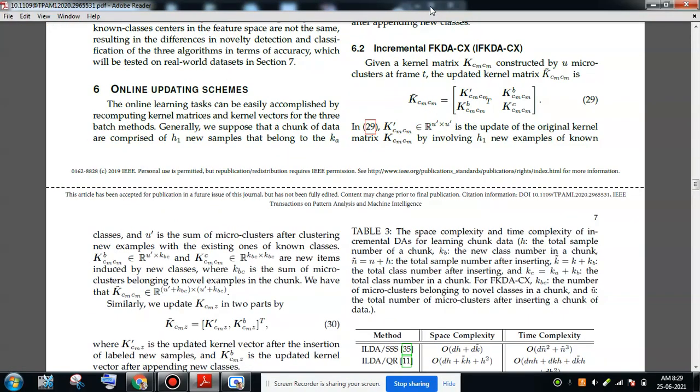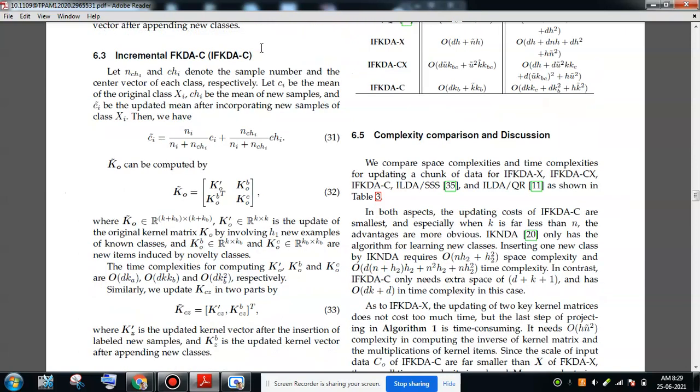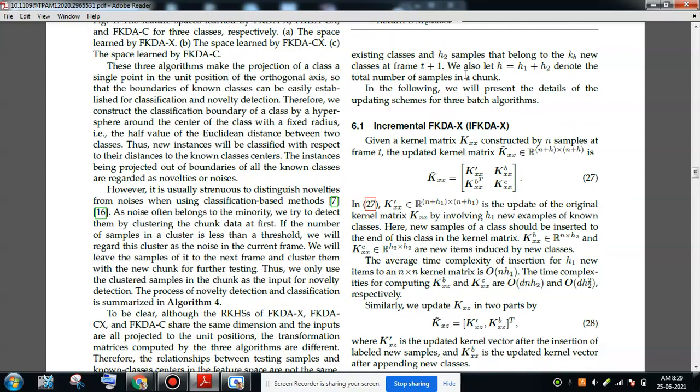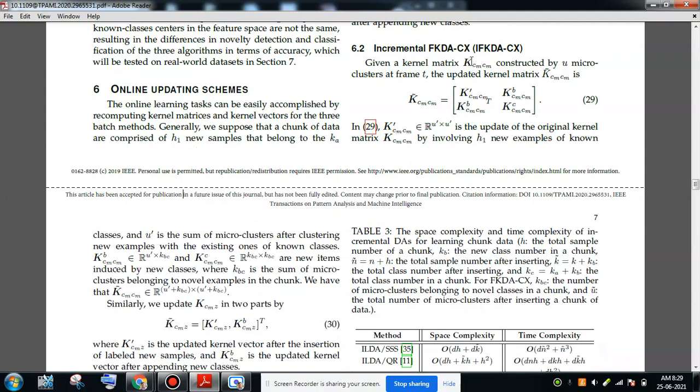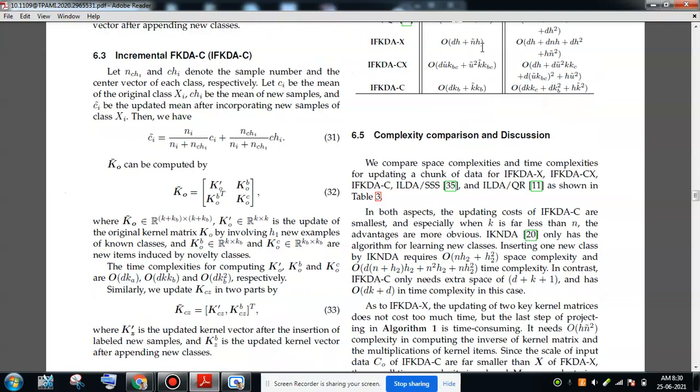The sixth one is IFKDAX, the incremental version of FKDAX. The second version, IFKDAC, is the incremental version of the center concentrated model, and the third one, IFKDACX, is the incremental version of factorization-free kernel discriminative analysis for CX, where CX is microclusters.